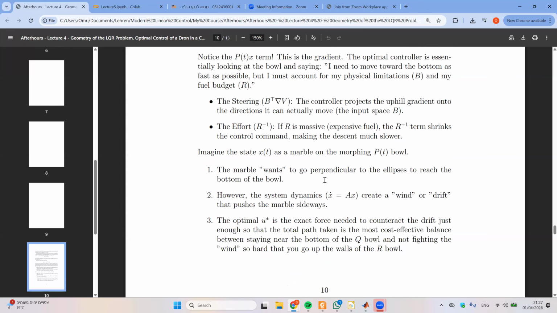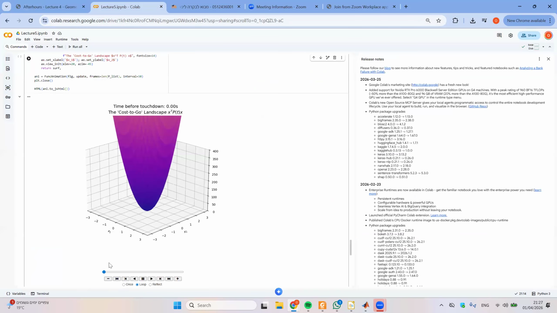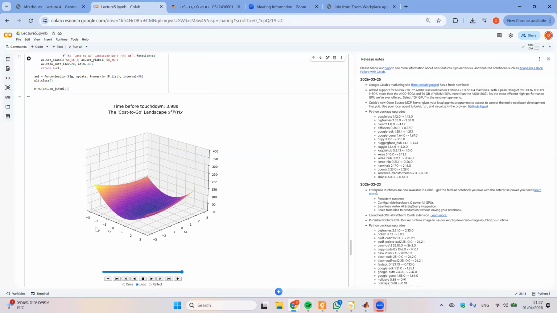So basically, the optimal trajectory, going back here, is just some point in this ball which goes down the ball all the way to 0, but we have to keep in mind that the ball is changing over time.